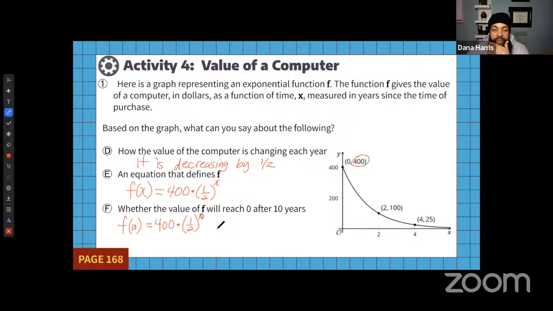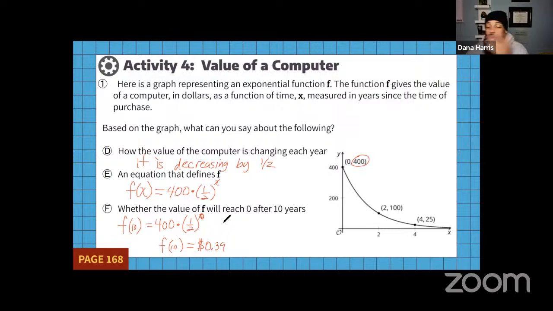So that's a 10. Okay, so when we do this, f of 10 is roughly 0. Like 39 cents. It's a longer decimal. Okay, so will it be 0 after 10 years? No, it's actually just below. It's 39 cents after 10 years. Okay, and you can plug in these values. Like if I plug in 2 for x, then you will get 100. Okay.